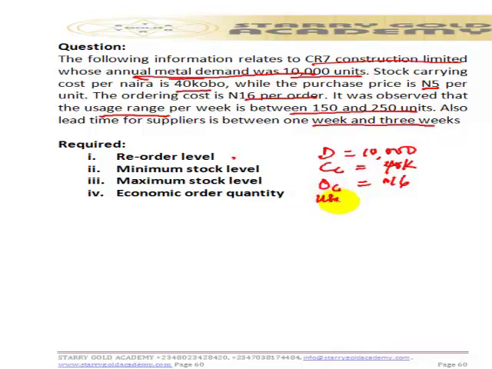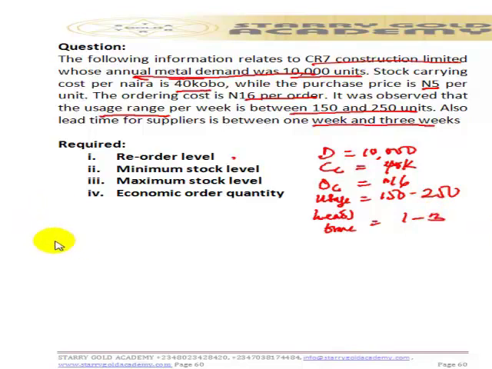We have usage, which is 150 to 250, and we have lead time, which is 1 to 3. So we have been able to identify all the variables. Then we can calculate anything that is required to be calculated.